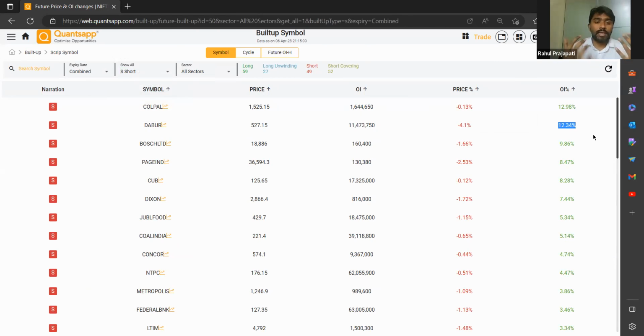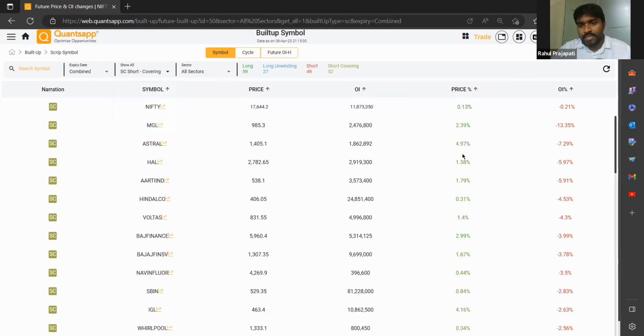So it's a clear-cut short position happening in these stocks. And as long unwinding follows long, some people do profit booking after shorts also. Short covering is a kind of profit booking for shorts. You can see here price is moving up, but open interest is falling down. So these are the two more conditions.